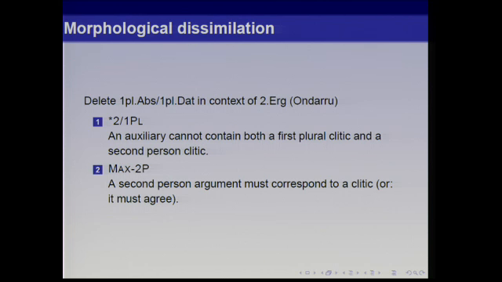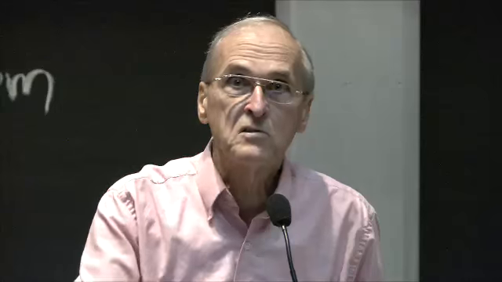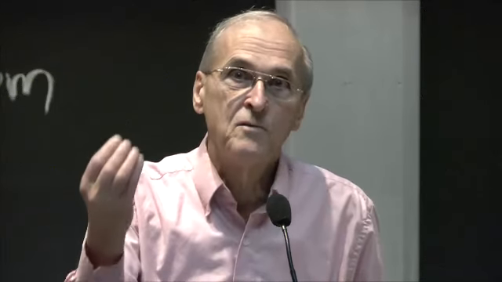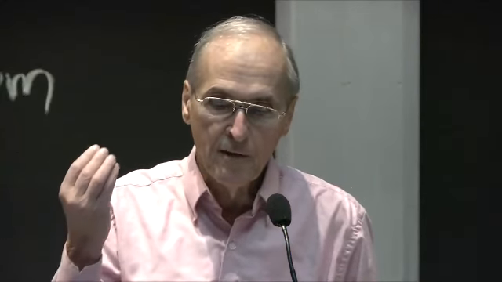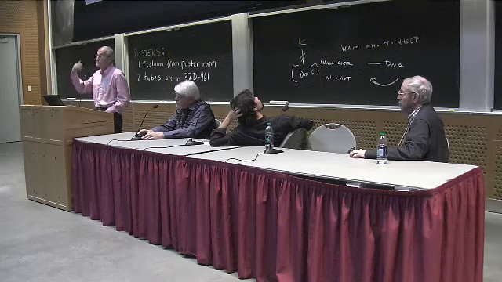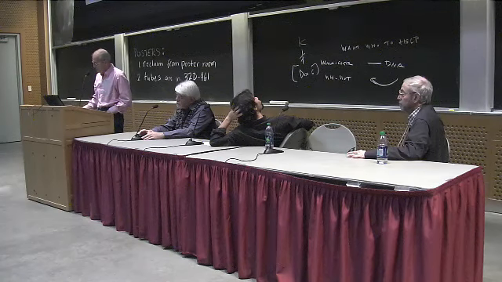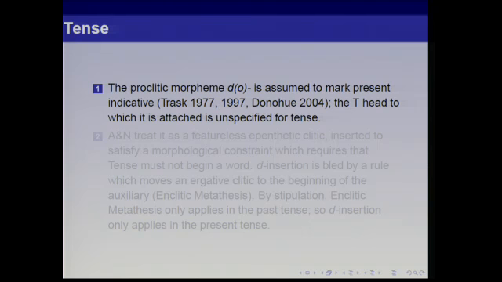It says you can't have both of those, and a second constraint determines the survivor, which is apparently different in the dialects. In Ondaru it's one thing, in the Samaro it's the other one, so you need two different MAX constraints which require the realization of respectively second or first person.